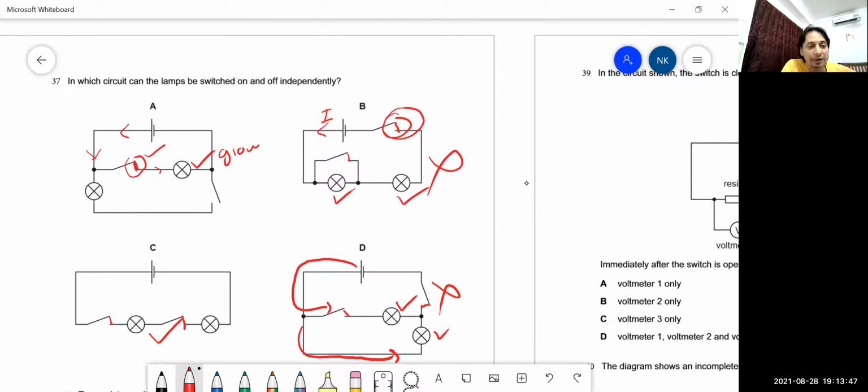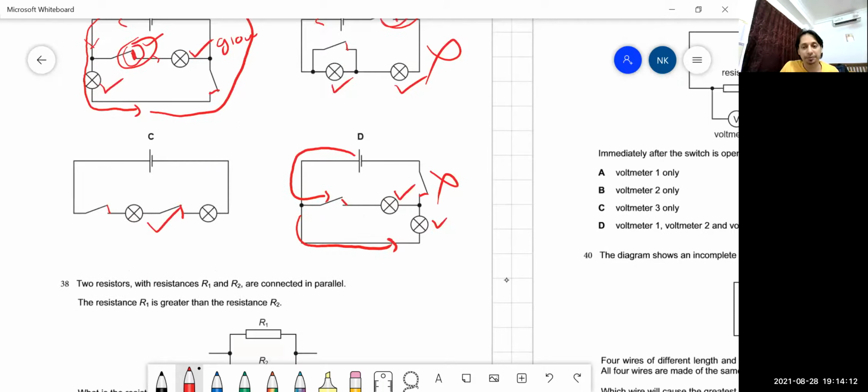And on the other side, children, if I close it and open this one, then the current will pass through this loop and then return back. So it means independently, if I want to glow bulb 1 or want to make it off, the right combination is in option A.